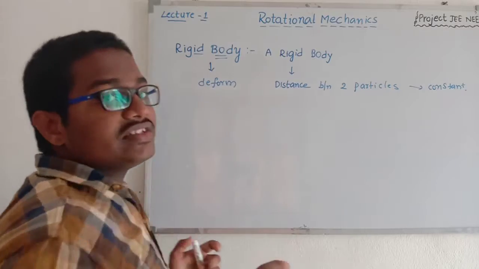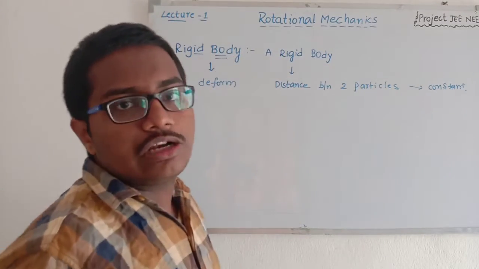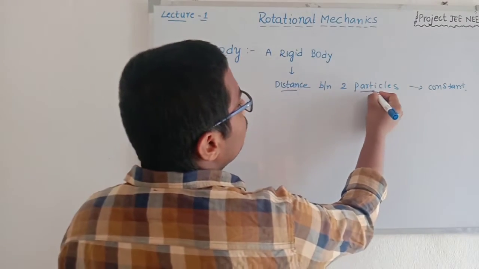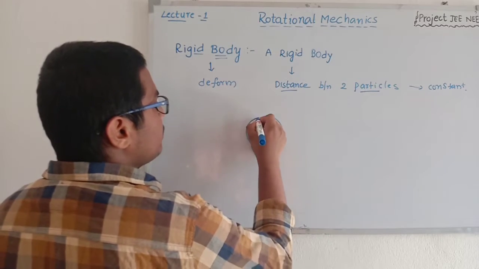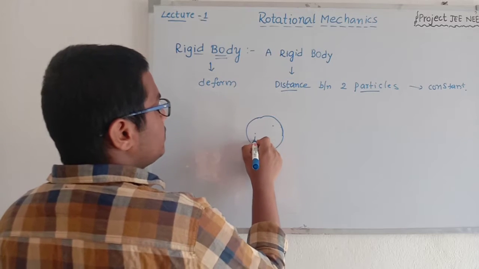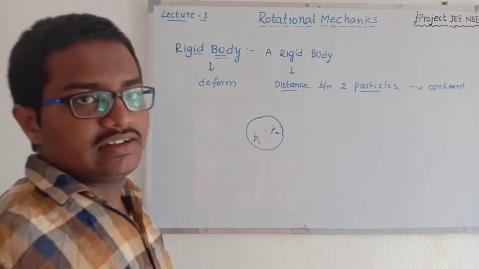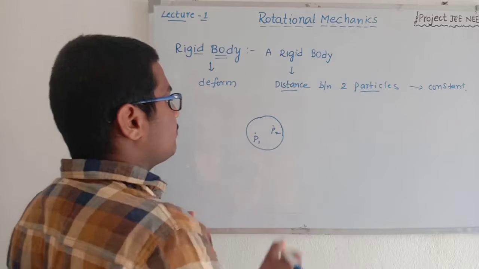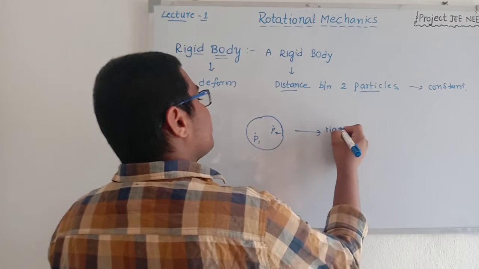which means the shape and size of this body do not change according to the situation, and also the distance between two particles does not change. For example, we took particle 1 and particle 2 as references. This is the first particle and this is the second particle of this rigid body. Suppose this is a perfect rigid body.